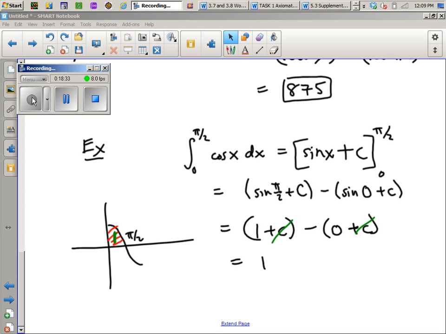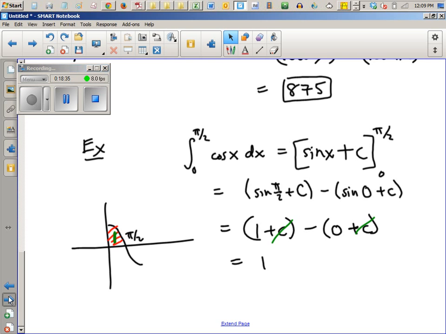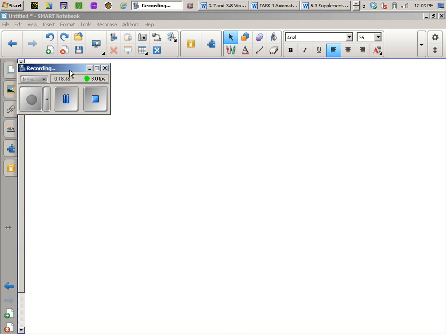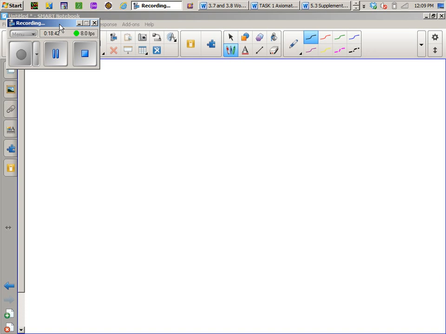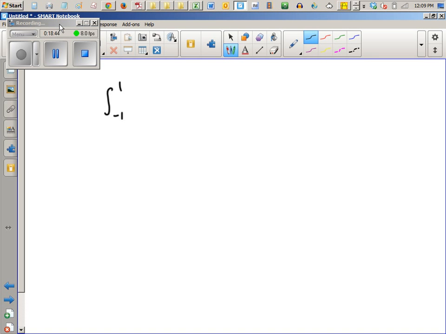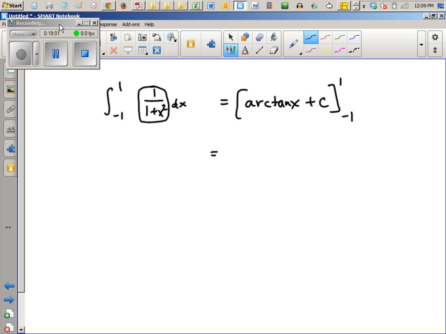Okay, and let's go ahead and do that last example there. So the last example that I had in your notes, same type of problem. We have integral from -1 to 1, 1 over 1 plus x squared dx. So you might recognize that this is just the derivative of arctan. So we're going to do arctan of x plus c from -1 to 1. So we're going to be doing arctan of 1 plus c minus, and then arctan of -1 plus c.